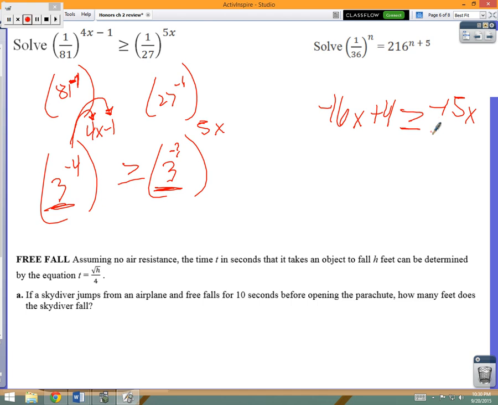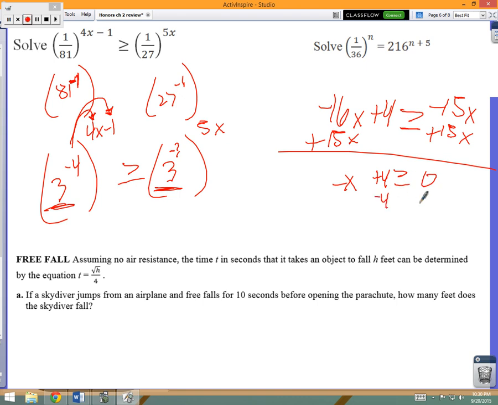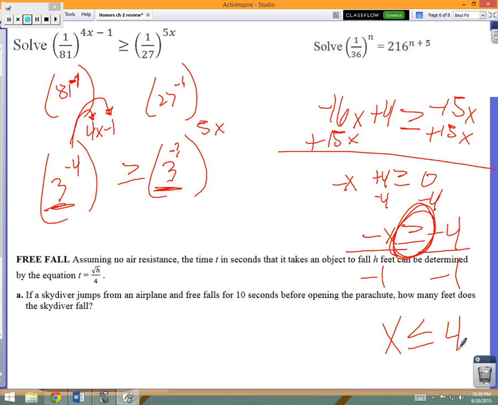So if I do plus 15x, plus 15x, I've got a negative x plus 4 is greater than or equal to 0, minus 4, minus 4. I've got a negative x is greater than or equal to a negative 4. But I'm going to divide by a negative 1, divide by a negative 1. You've got to change the direction of the inequality, so x is less than or equal to 4. Anytime you multiply or divide by a negative, don't forget you've got to change the direction of the inequality.